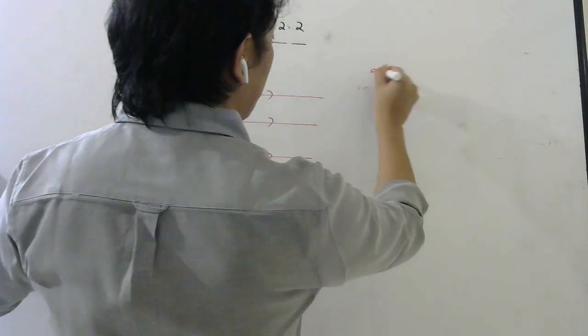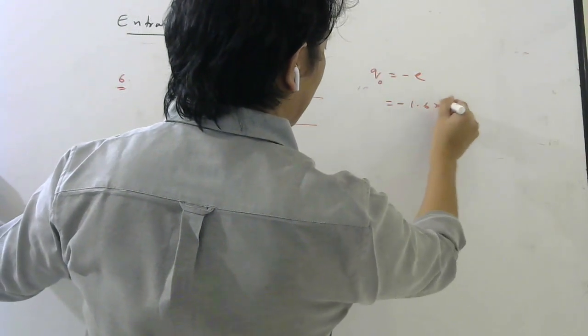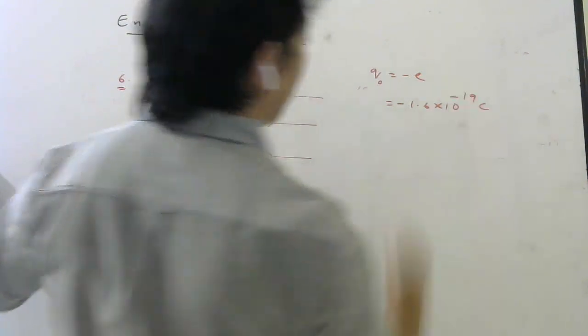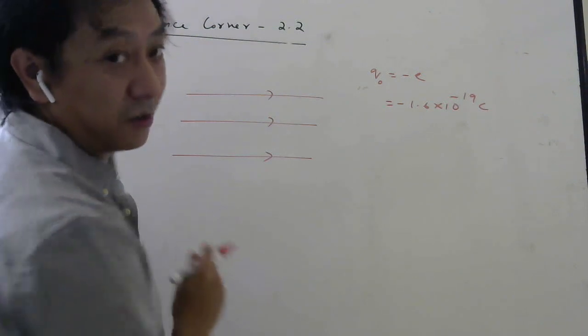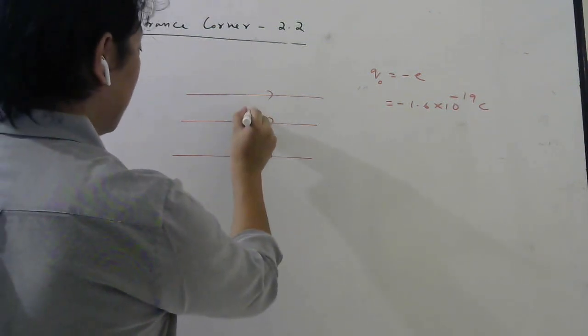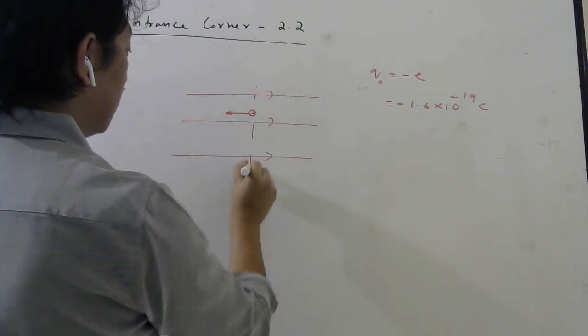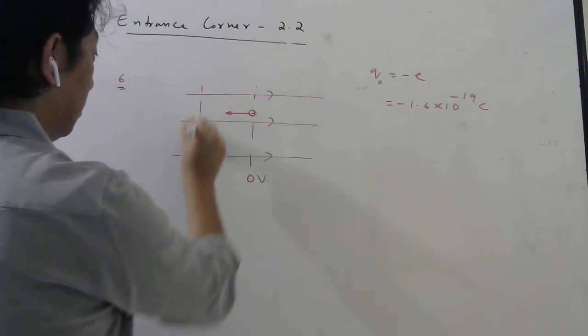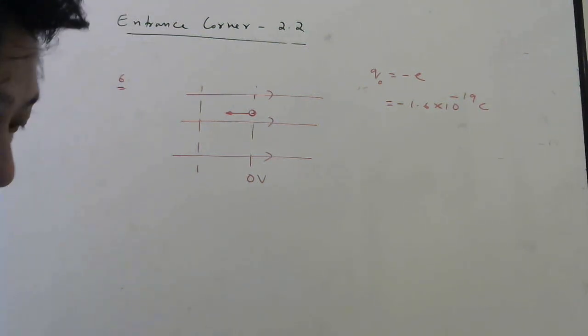So the charge which is moving is an electron, minus 1.6 into 10 power minus 19 coulomb. So this charge will always move opposite to the electric field, you already know, right? So the electron will move this way. So it is moving from, they told, 0 volt to which, how much volt? 0 volt to 10 volt.